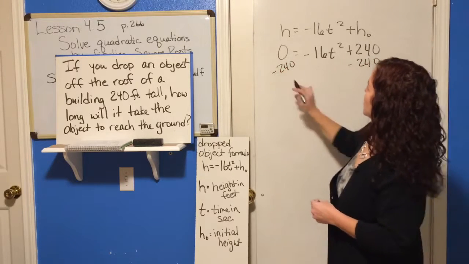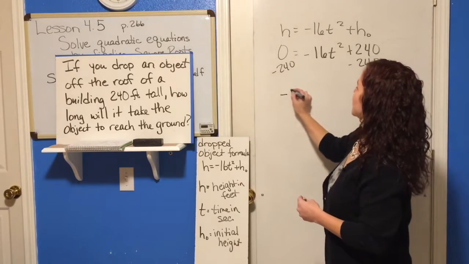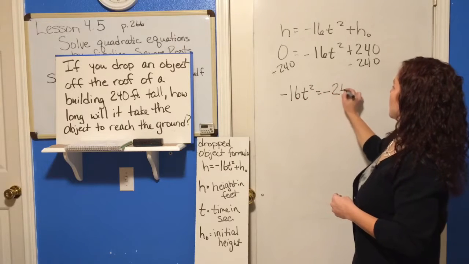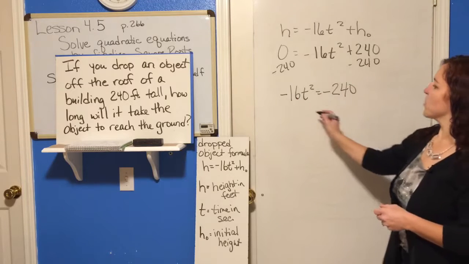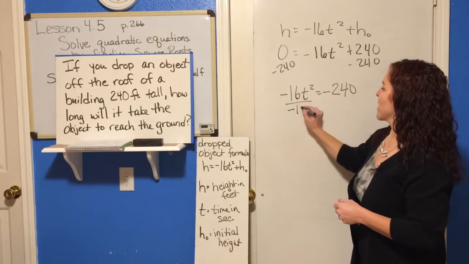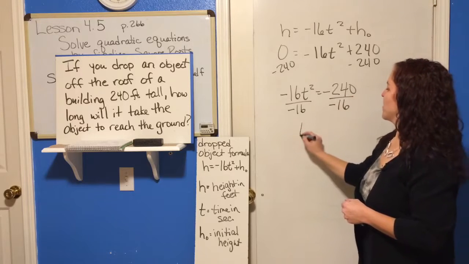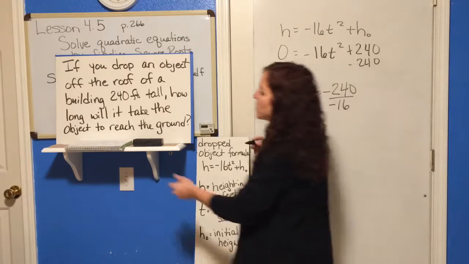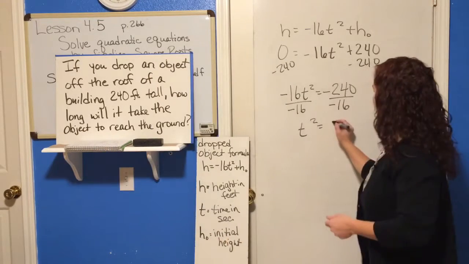So let's swap it around just so that we've got the t squared on the left-hand side, because that's just easier for us to see. So negative 16t squared equals negative 240. We're going to divide by negative 16. Negative divided by a negative is a positive. 240 divided by 16, and I should be able to do that in my head, but I did it already on paper, is 15.